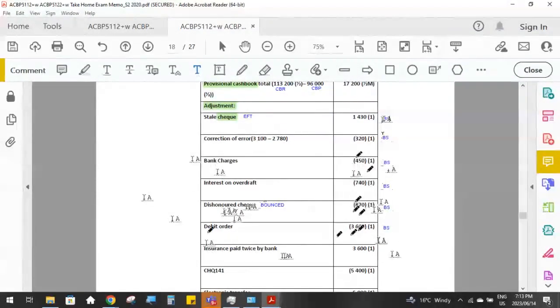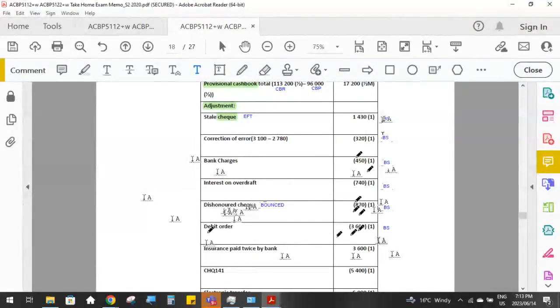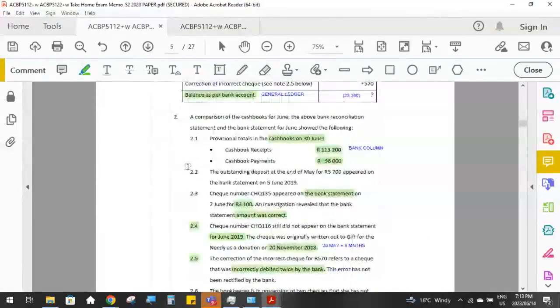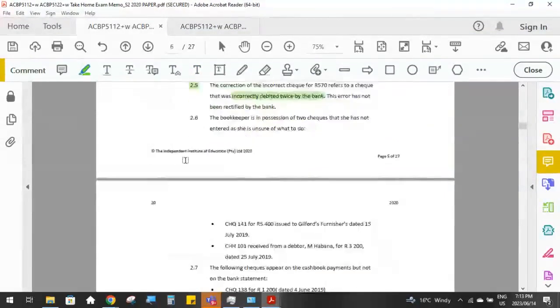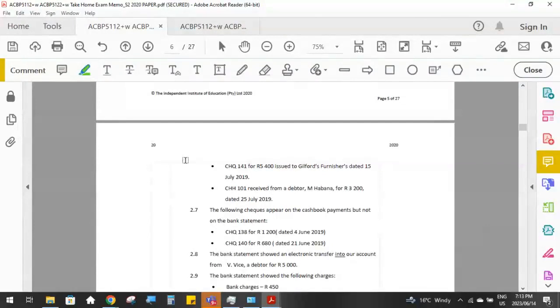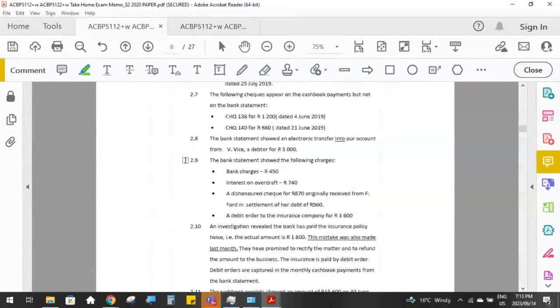Then there's another insurance paid twice by the bank. Somewhere here they'll give us that information. Let's just go back. Correction. We'll come back to 2.6. Okay, so here we've got a debit order to the insurance company. These are all of the items on the bank statement over here.